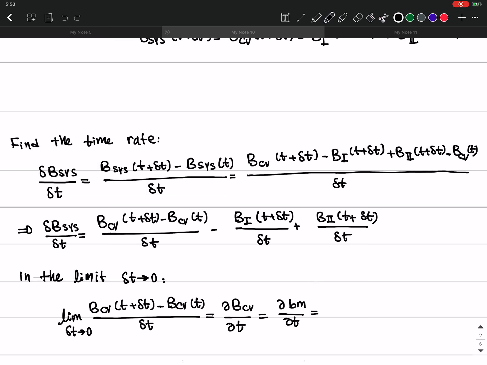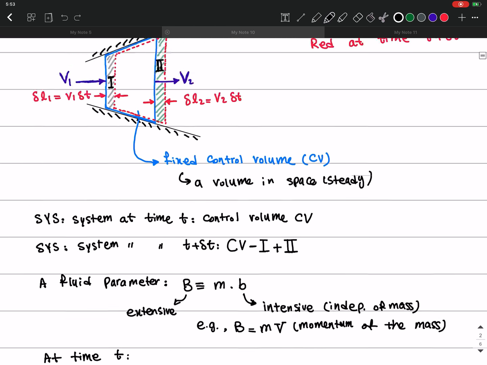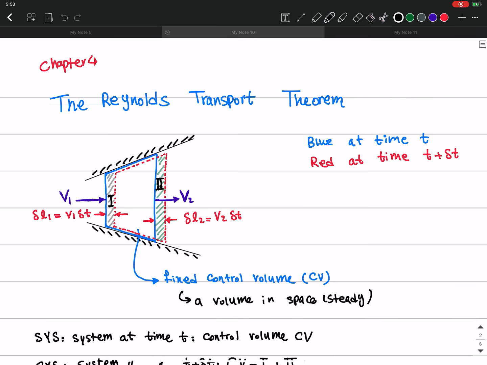And I'm going to get that across the whole CV. So for example, if you have a small dV, the mass of dm is going to be rho times dV, right?